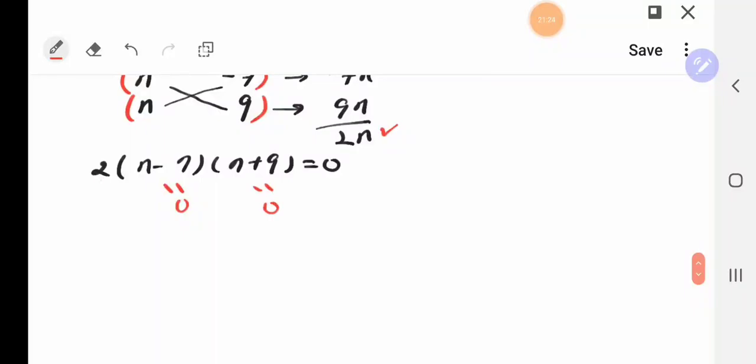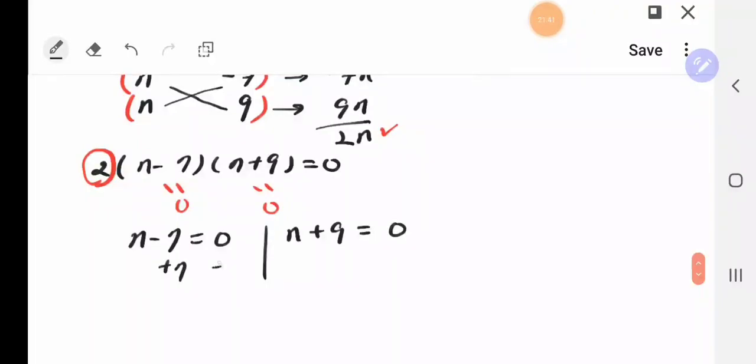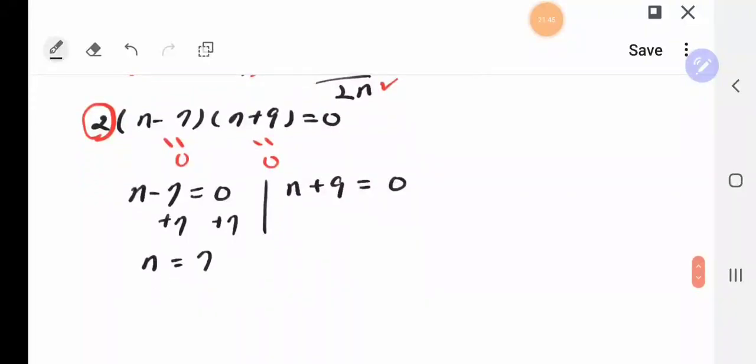As you see, 2 cannot be 0, so ignore the number 2. Then set the first binomial, n minus 7, equal to 0, and set the second binomial factor equal to 0, and then find n from each equation. So n is equal to 7 or negative 9.